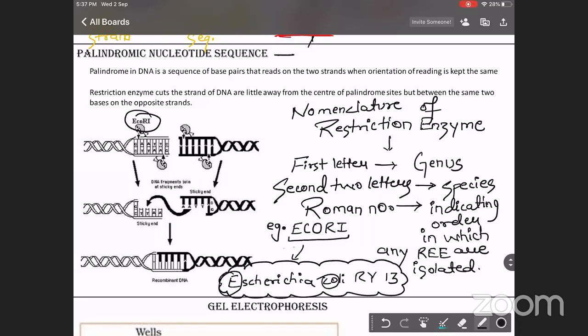Eco: what we have discussed is that the first letter comes from the genus, so genus is Escherichia, and the two letters come from the species. Species is coli, so we are taking the two letters C and O. So it's Eco, and RI comes from RY, which is nothing but the strain of Escherichia coli.